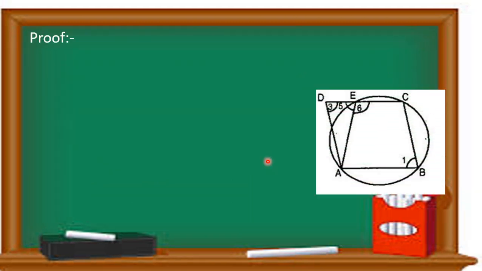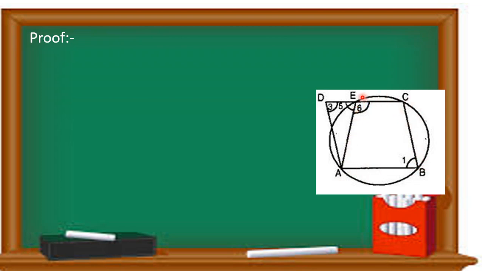As given, ABCD is a parallelogram and a circle drawn through ABC touches the side DC at point E. So by observing this figure, we get ABCE is a cyclic quadrilateral, as all the four vertices of this quadrilateral are on the circle.